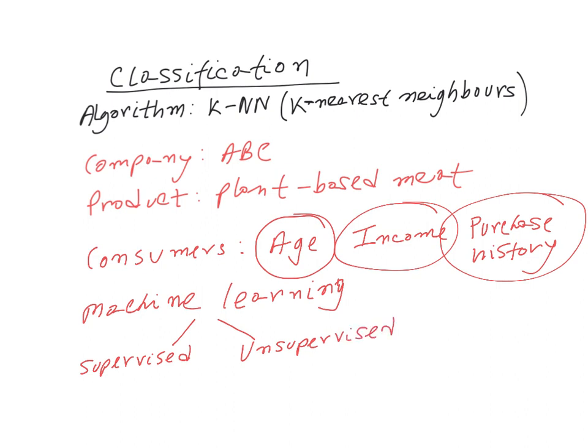Under supervised model, you need to guide data. You supervise the machine to learn, and then once it learns, using that knowledge, it can identify and classify the feature or the data we are looking for.